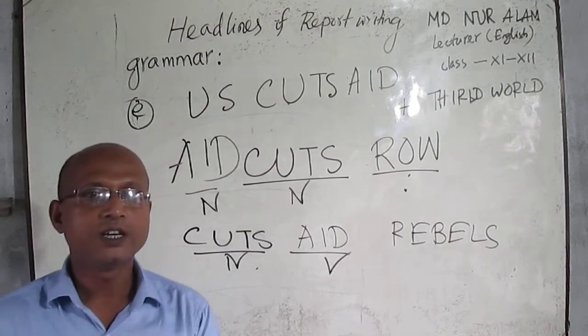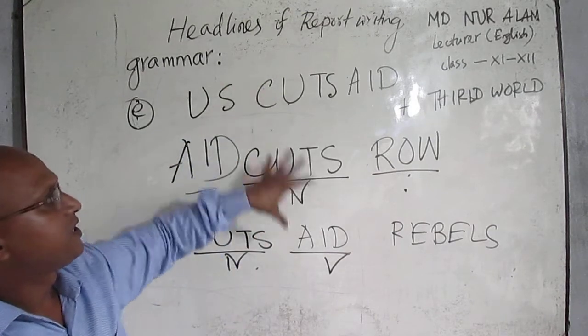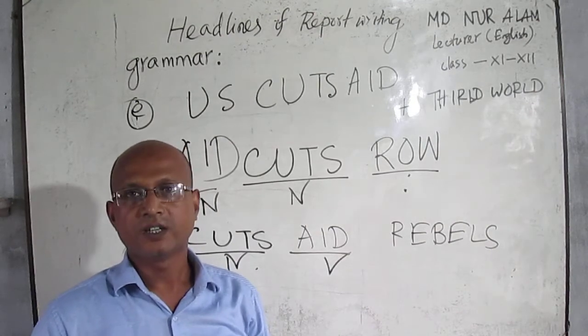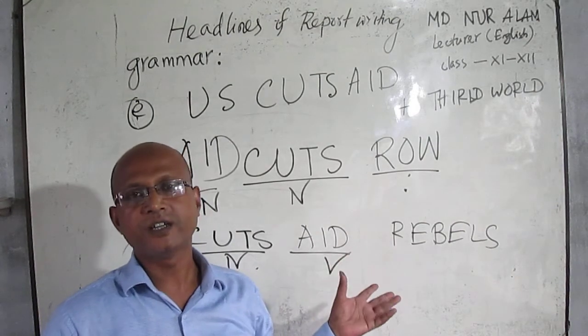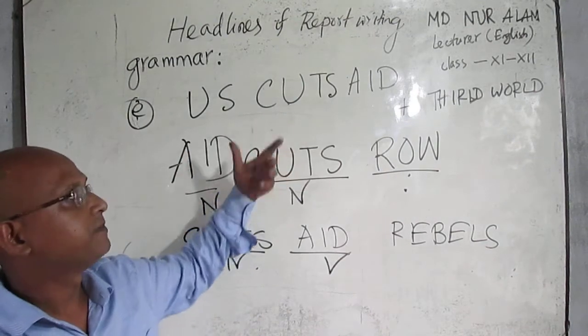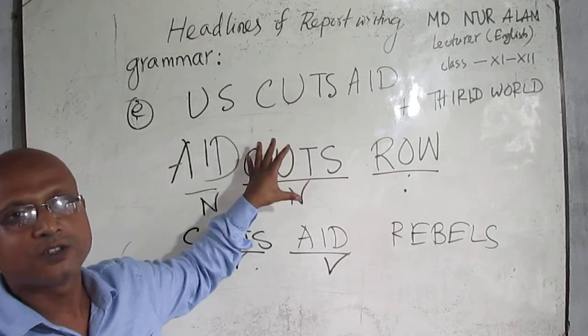So, dear students, I think these three examples have helped you to understand how English newspaper headlines are written. And once again, I would like to recap the summary of this rule.